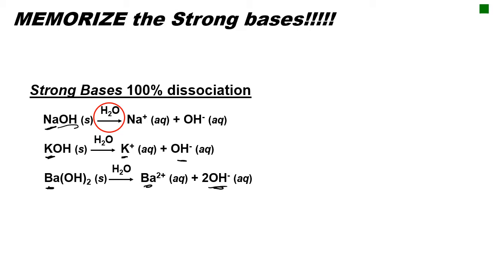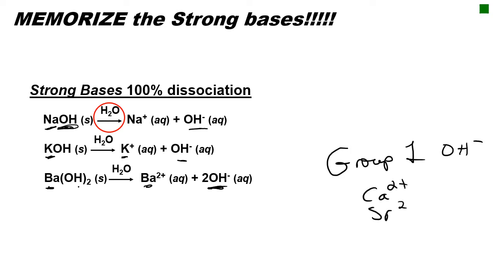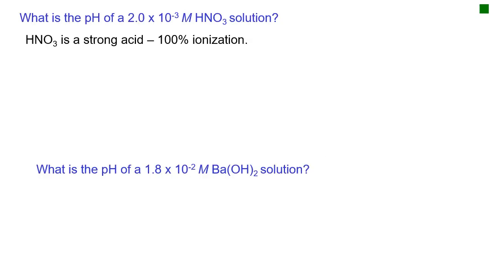If it's something like sodium hydroxide and it's a group 1, you'll make 1 hydroxide. If it's a group 2 hydroxide like barium hydroxide, you're going to make 2 hydroxides. Make sure you memorize those as well, and those are the group 1 hydroxides, as well as calcium, strontium, and barium hydroxide. So have those as well committed to memory.